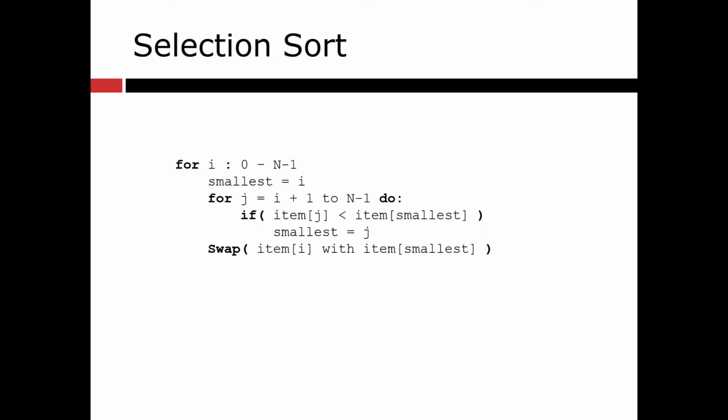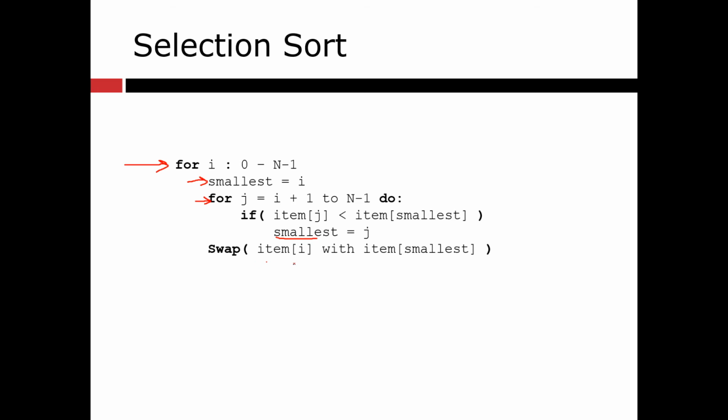So let's look at the algorithm in pseudocode. The basic idea here is that our first thing we're doing is looking at every single element in the array. For each element in the array, which really is more like for each position in the output array, we are going to try to find the smallest object. For all of the items from that place and up, we're going to do a comparison to then capture the smallest item.